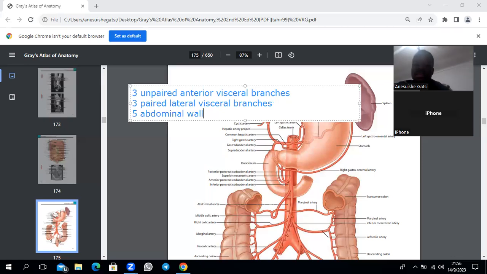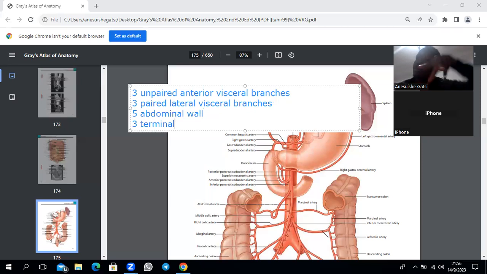Right. Then it has terminal branches. Books will say 2 terminal branches, but there are 3. There are 3 terminal branches where it terminates into right common iliac and left common iliac. That's what the books will tell you. But there's another artery that comes off the center, which we call the median sacral artery.